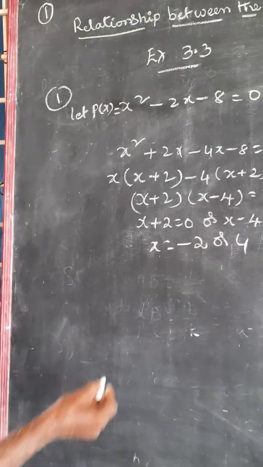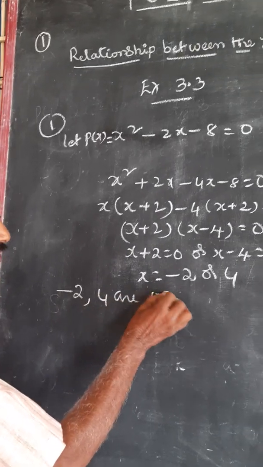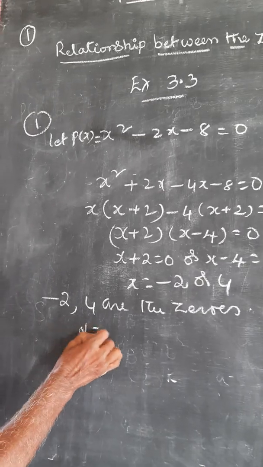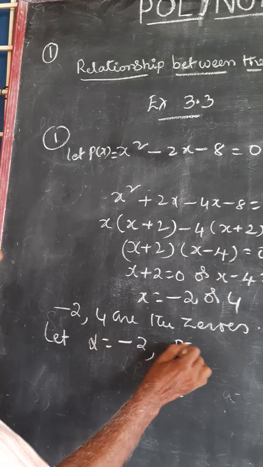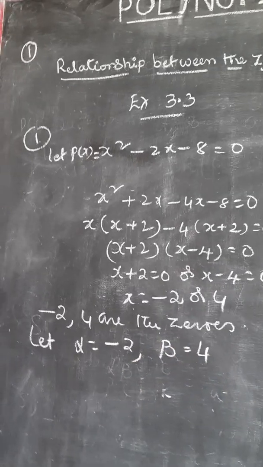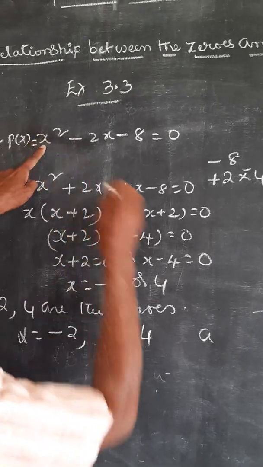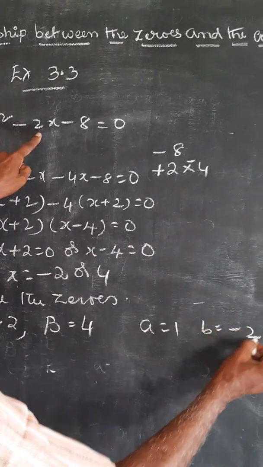These two are called the zeros of the polynomial. -2 and 4 are the zeros. Call the zeros alpha and beta: let alpha = -2 and beta = 4. Write the coefficients of the polynomial: ax², a = 1; bx, b = -2.